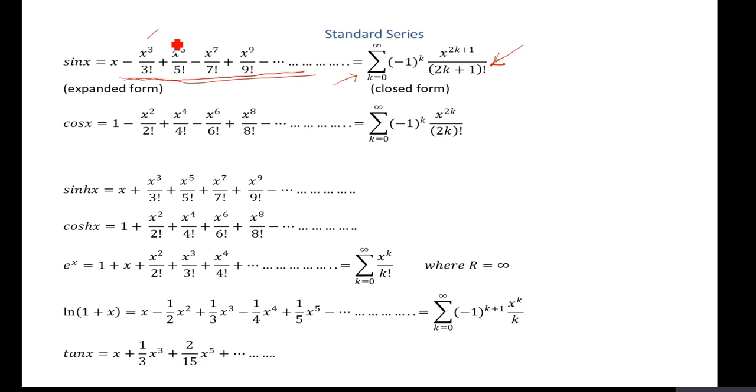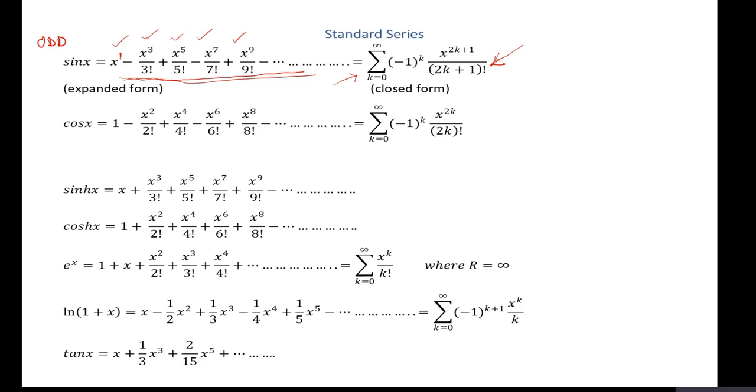In most cases, in all cases in 1b, we would be looking for you to recall the expanded form. Now, how would you remember this? Well, the sine of x is also known as an odd series, and you can see why. Look at the indices of x: x to the 1, x cubed, x to the 5, x to the 7, x to the 9, odd numbers.